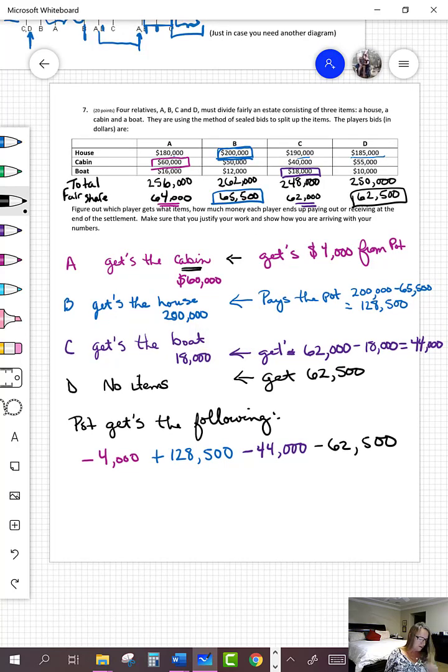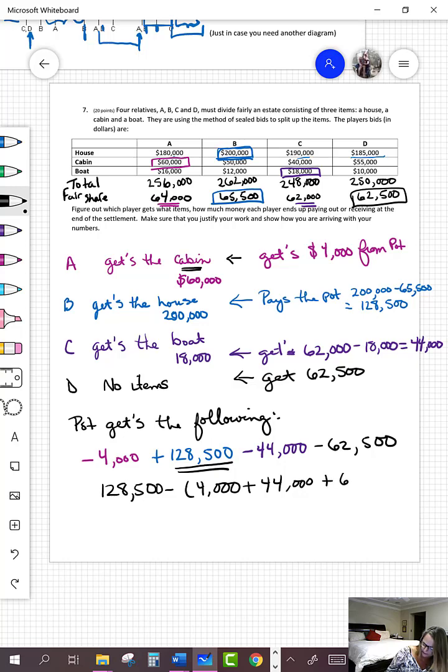And so if we sum this, basically we want 128,500 minus the sum of 4,000 plus 44,000, or just sum up the negatives, plus 62,500.